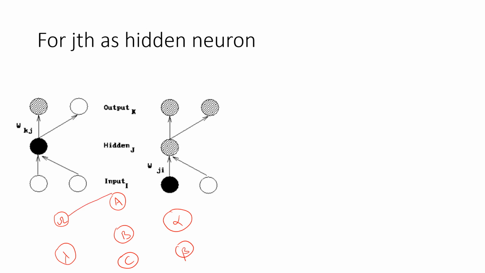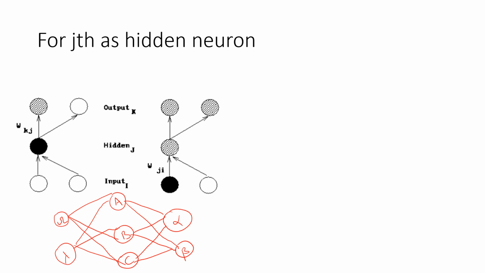Okay, and it is a fully connected network. We found the weight change formula for W of alpha A, W of alpha B, W of alpha C, W of beta A, beta B and beta C.